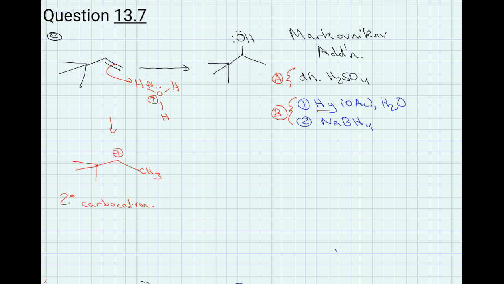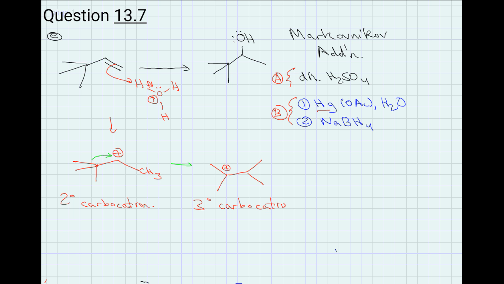What's interesting about this particular molecule is that if you look at it really closely, we have a secondary carbocation here, but what if this methyl group were to just do a methyl shift and move over one carbon? Then what are we going to have? Let me go back to my red here. We're going to have this compound, and our positive charge is going to be over here, and this is a tertiary carbocation.